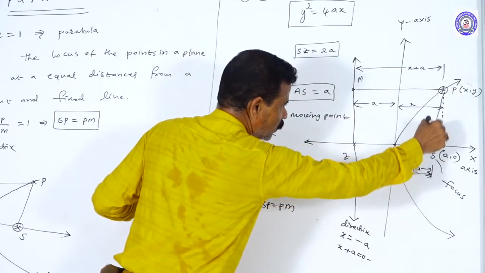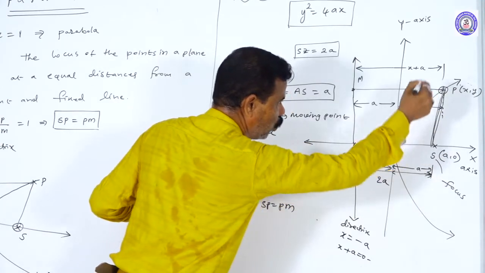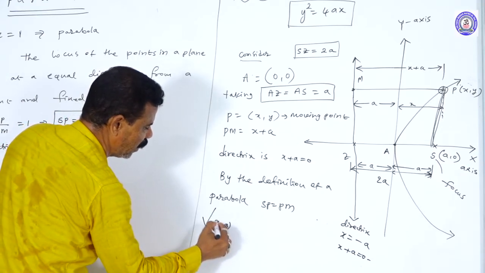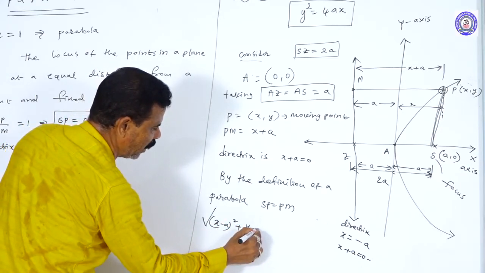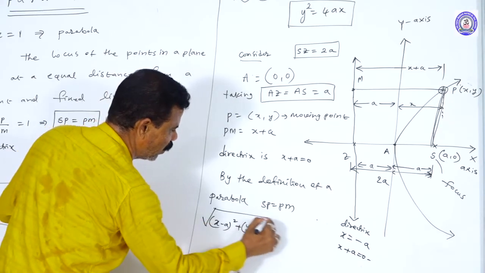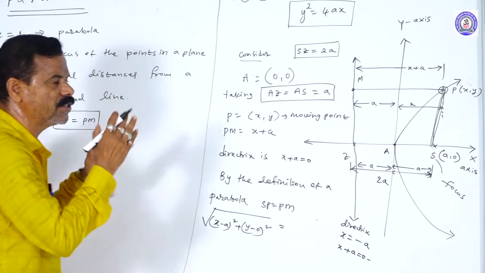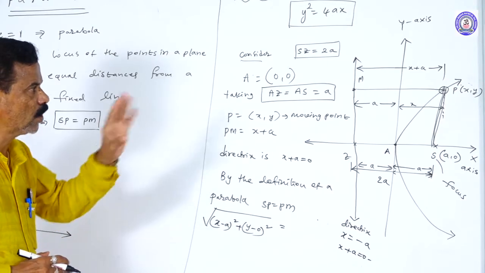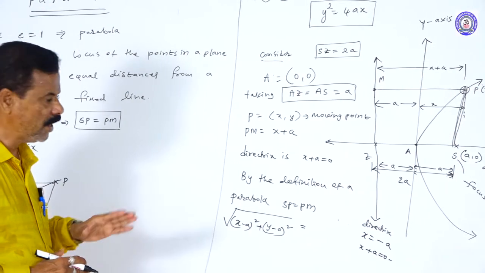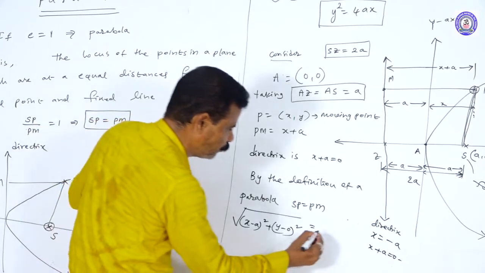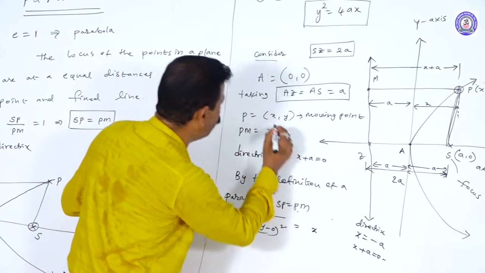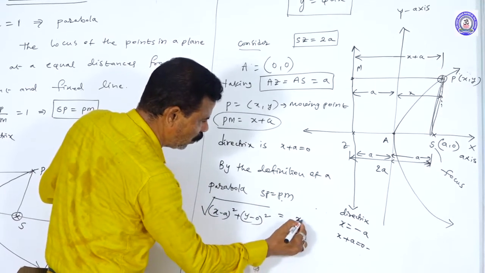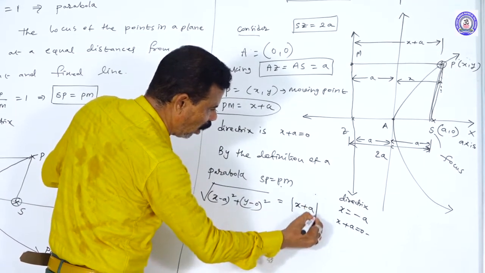This is the SP, distance between the 2 points P and S. So it is square root of x minus a whole square plus y minus 0 whole square is equal to the perpendicular distance to x plus a is equal to 0 from the x, y point. It is x plus a. PM is equal to x plus a, with modulus.